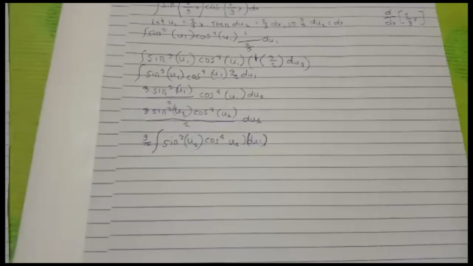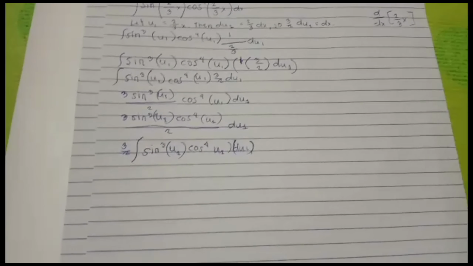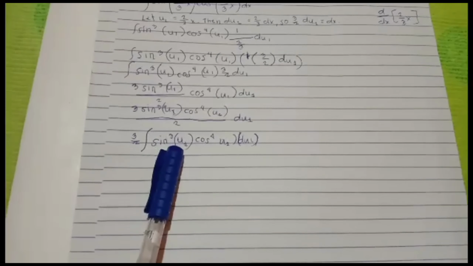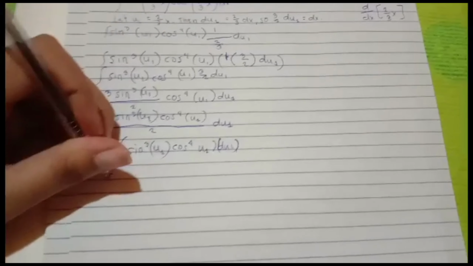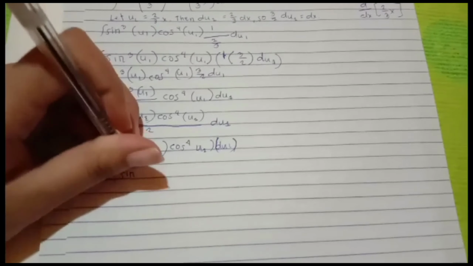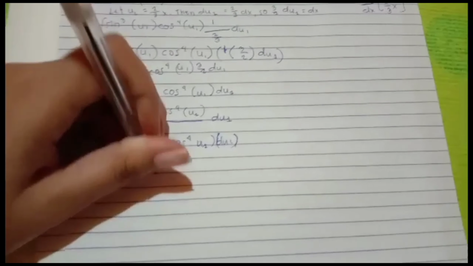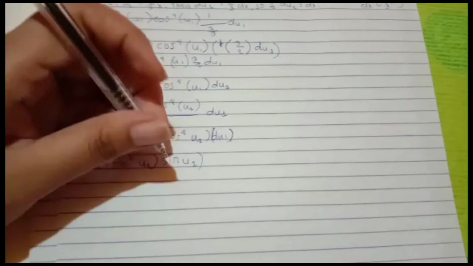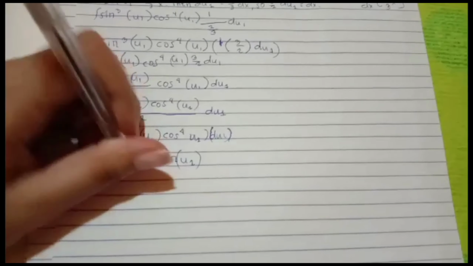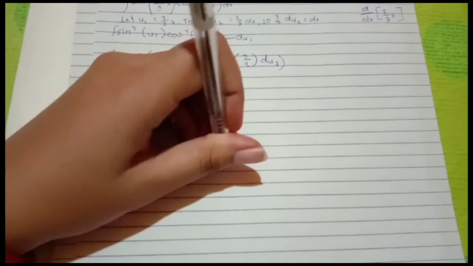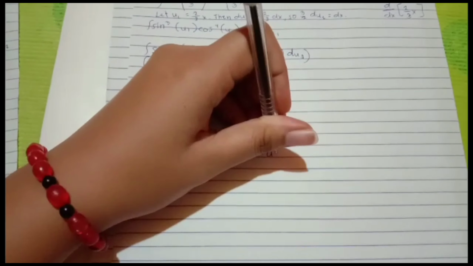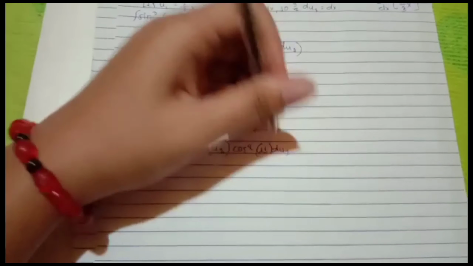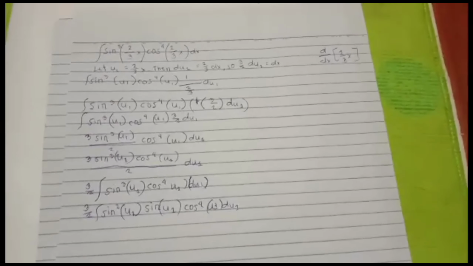Factor out the sine squared. So, 3/2 integral of sine squared u1 sine u1 cosine to the 4th power u1 du1.